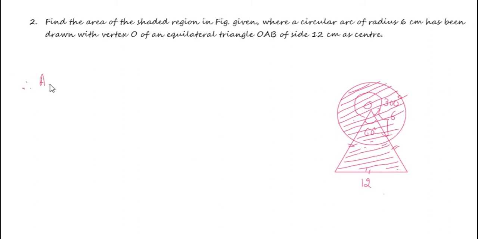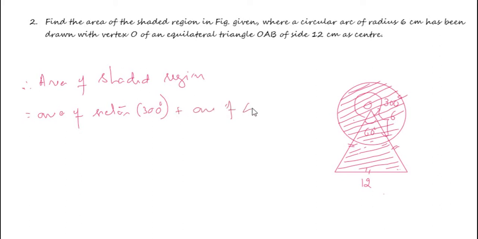Therefore area of shaded region equal to area of sector of 300 degree plus area of triangle OAB.